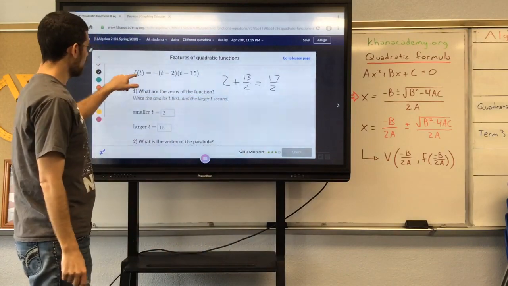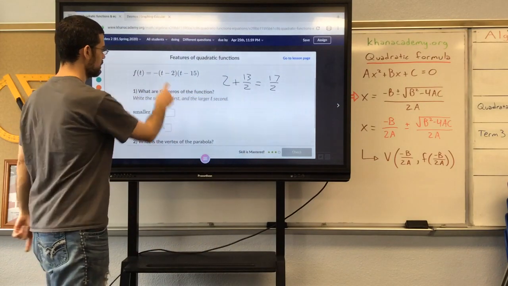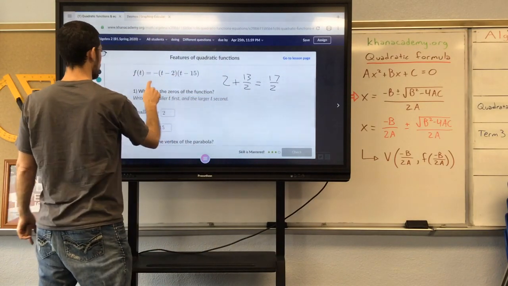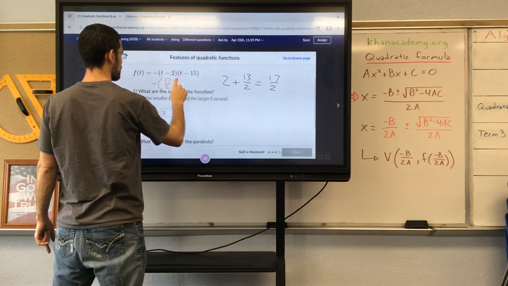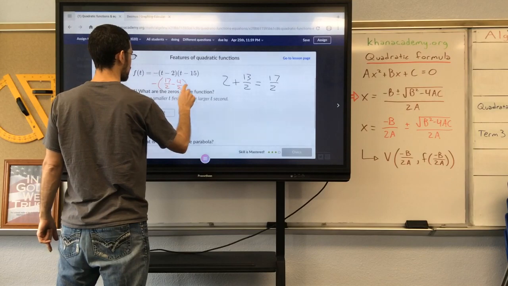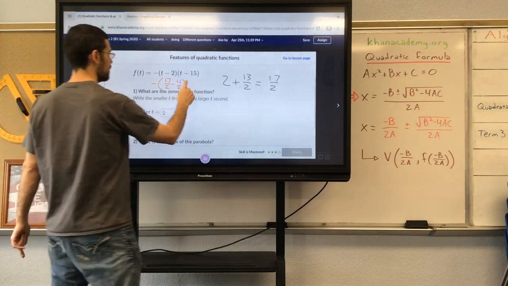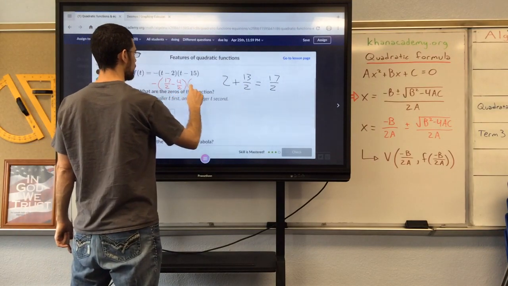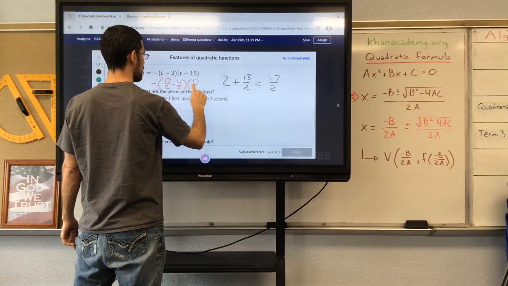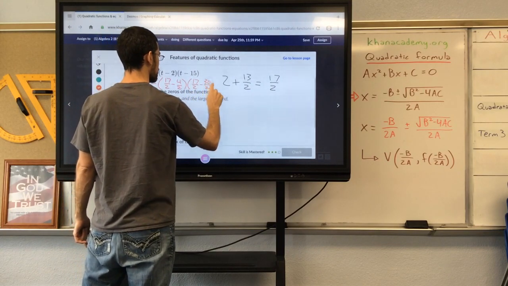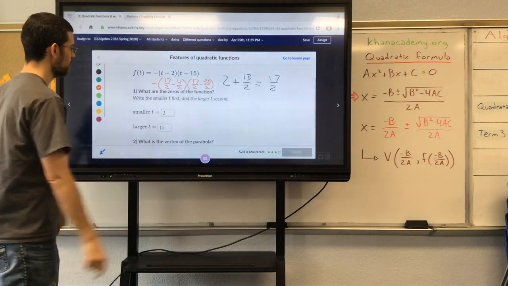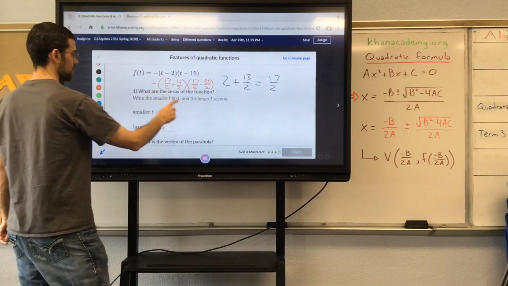And then I'm going to put 17 halves in for t here. And I get negative 17 halves minus 4 halves, just rewriting 2 with a common denominator, times 17 halves minus 30 halves. Now I can simplify. That's 13 halves.